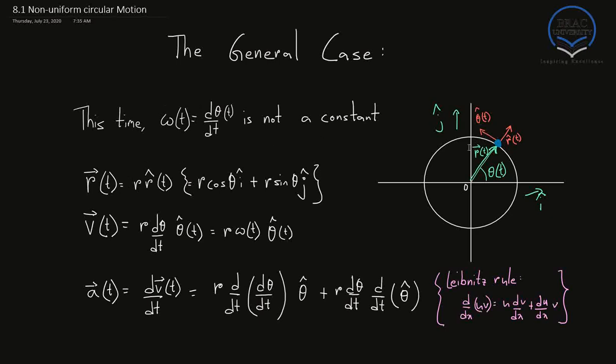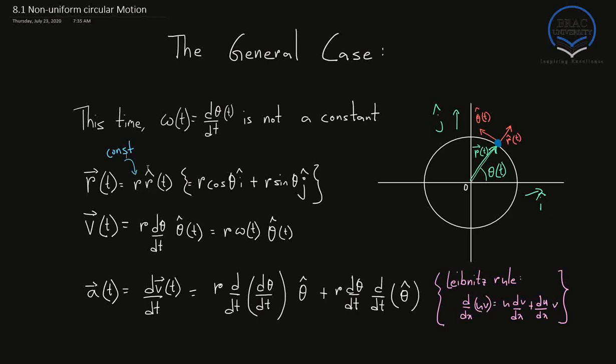Now we again have r t equals r times r hat t. Again, because it's circular motion, this r is indeed going to remain a constant, okay? But let's differentiate that. If you differentiate this, you once again get r d theta by dt theta hat.